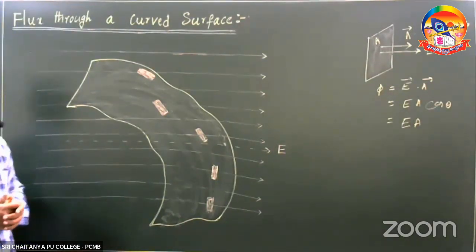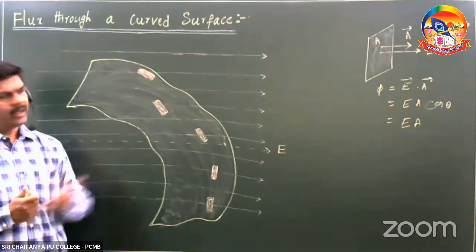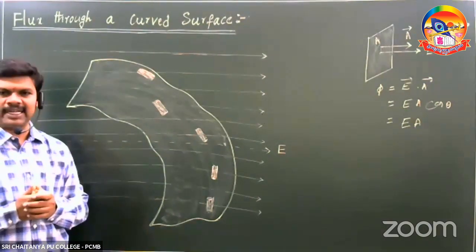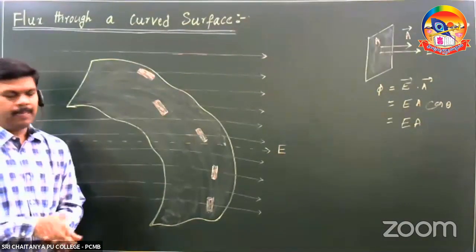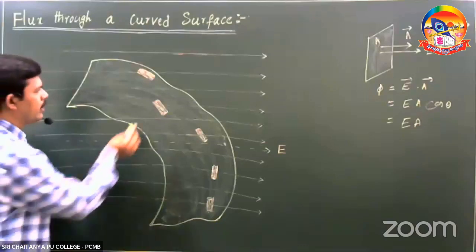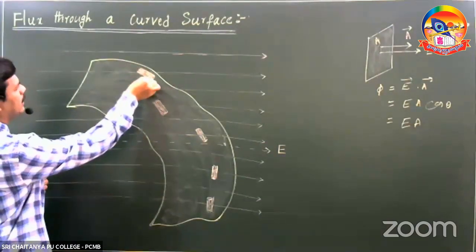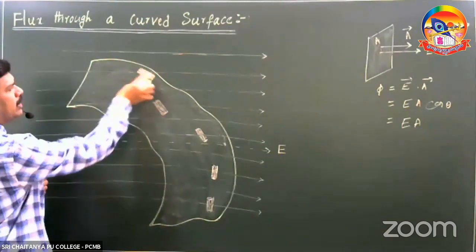Simply I can write EA, no sir. EA cos theta is the correct formula for flux. But see here, I am taking one small element at this portion on the surface.